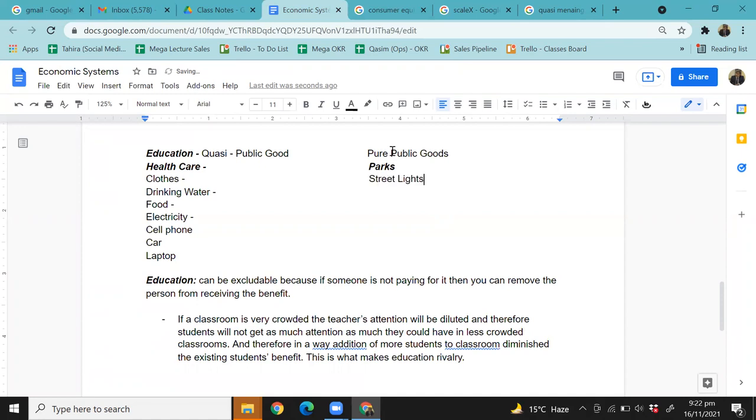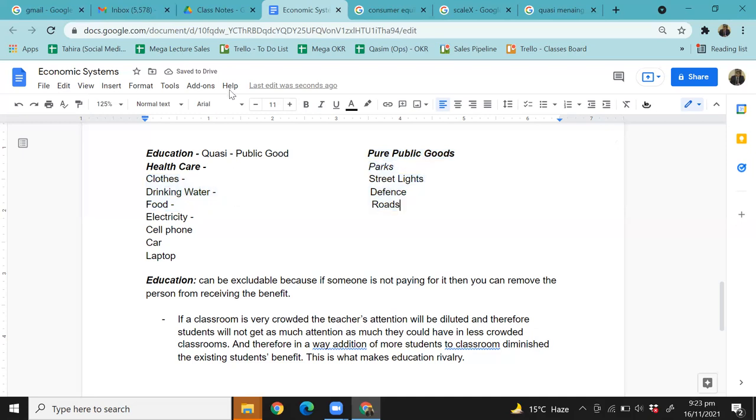Defense like military defense, right? The other two are like the ones that I've just explained. So these are the only four.